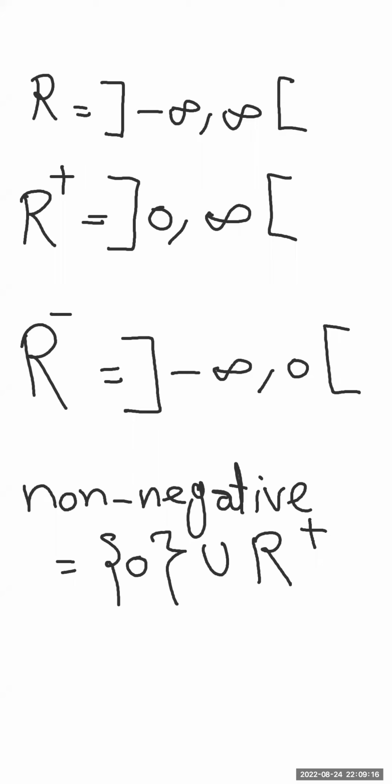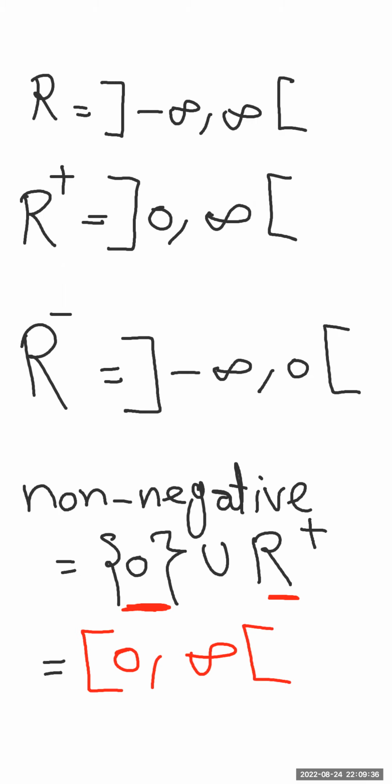Okay, so if I want to write it in the form of an interval, 0 is included, positive real numbers till infinity. So 0 and infinity. 0 included, closed. Infinity, open by default. This one is the non-negative.